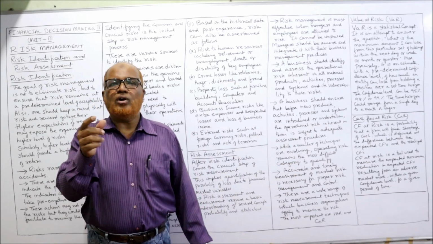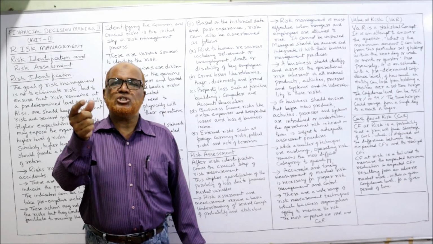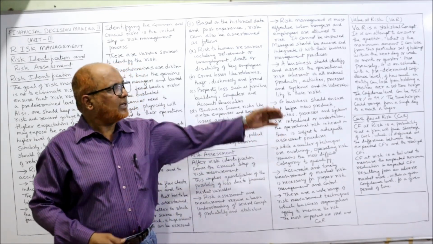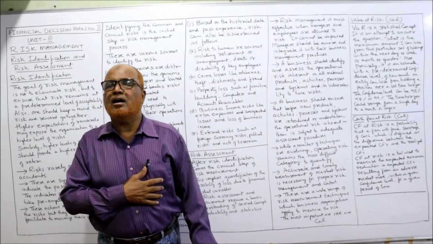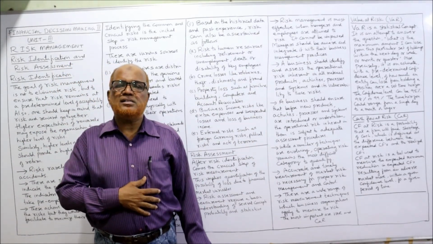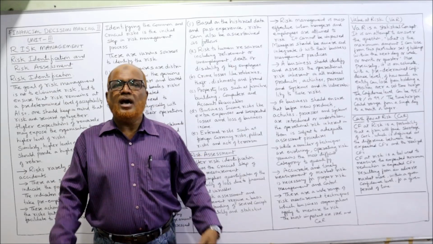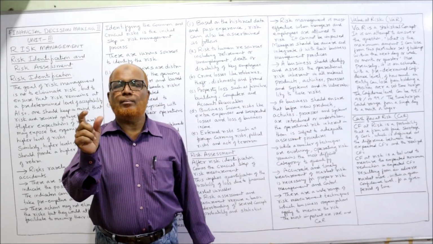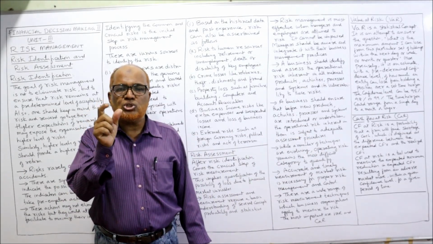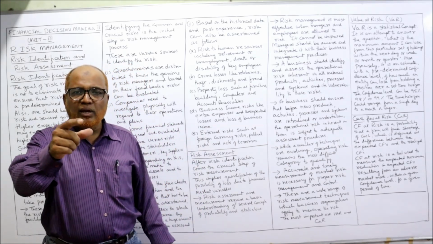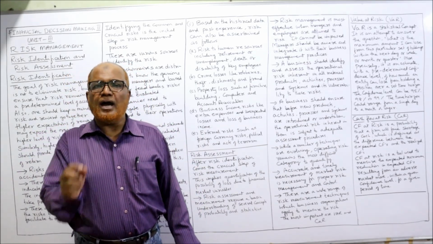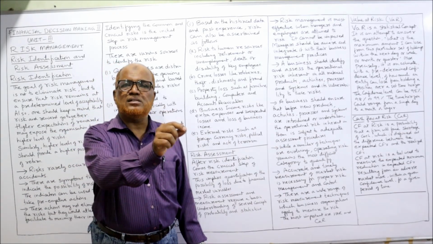CAR says what is the maximum cash shortage. Actually, the logic of both VAR and CAR is similar. VAR says what is the maximum loss and CAR says what is the maximum cash shortage which a business may face during a particular period of time at so and so confidence level.